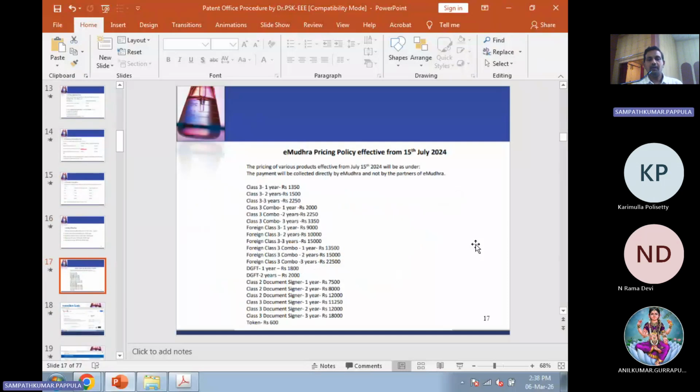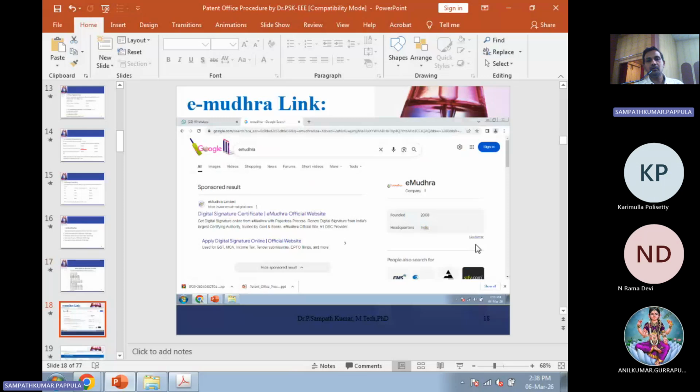Here I would like to start: before going to file the patent, you need to take e-Mudra. There is an e-Mudra pricing policy. First of all, you need to take that e-Mudra. If you search for e-Mudra in Google, it will show you like this.